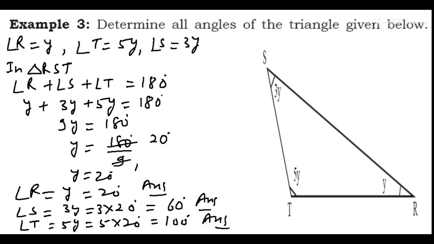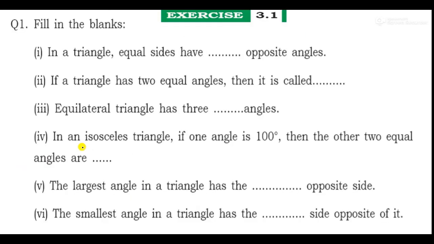Let us see the next one, and that is exercise 3.1. In a triangle, equal sides have equal opposite angles. So you can write here equal opposite angles. It is the property of the triangle.